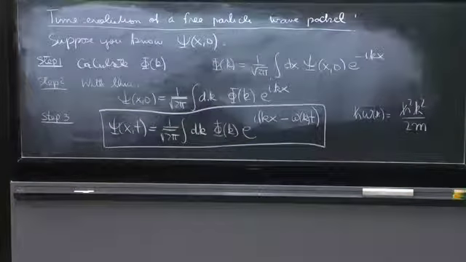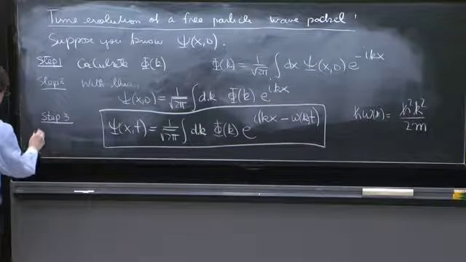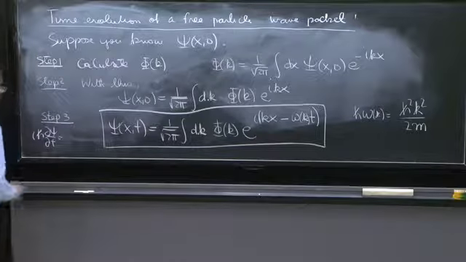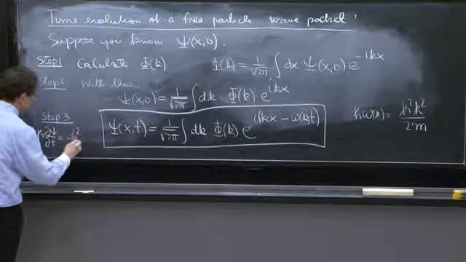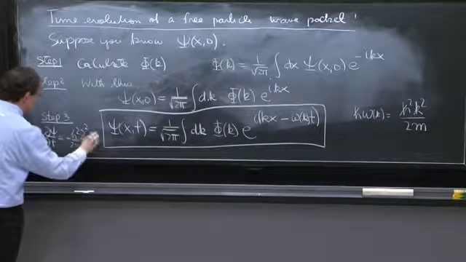If you come equipped with a Schrödinger equation, what should you check? That i h bar d psi dt is equal to H psi, which is minus h bar squared over 2m second derivative dx squared psi.